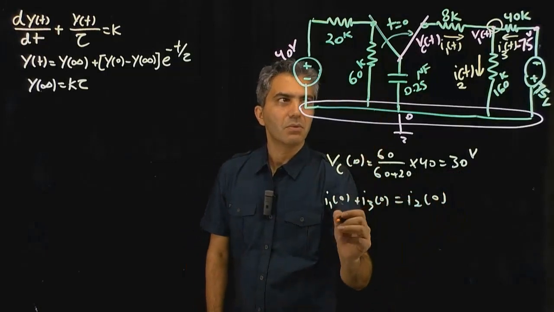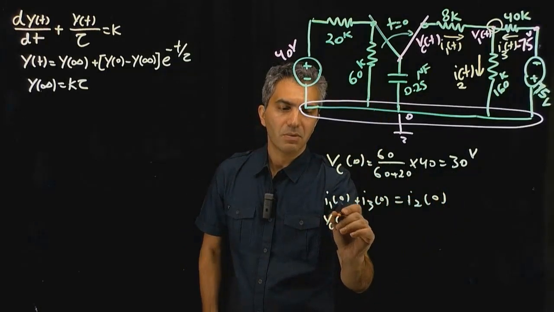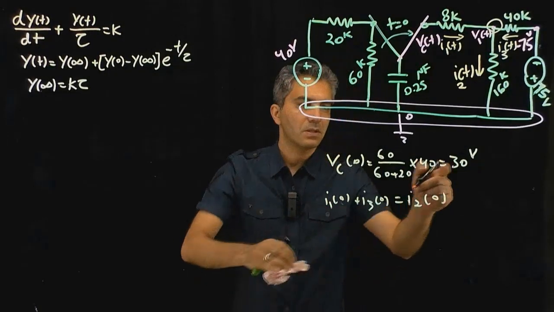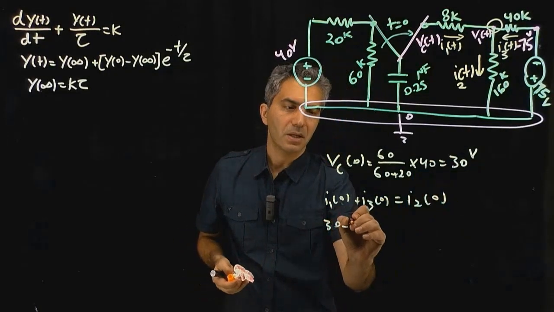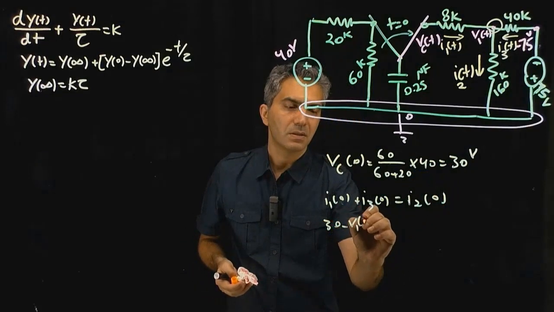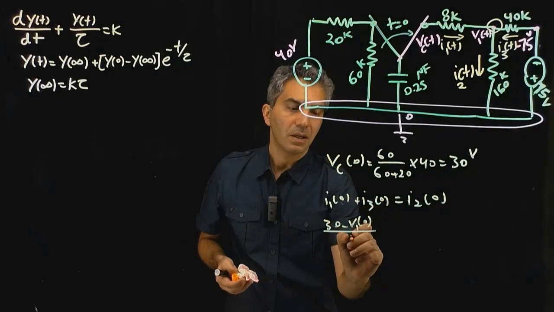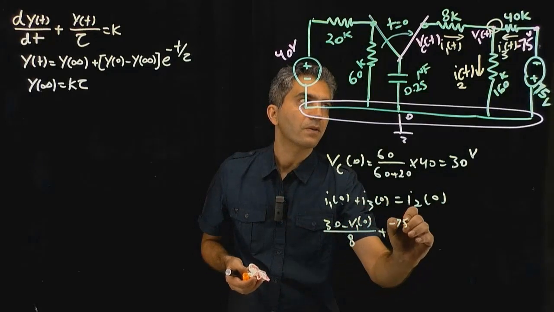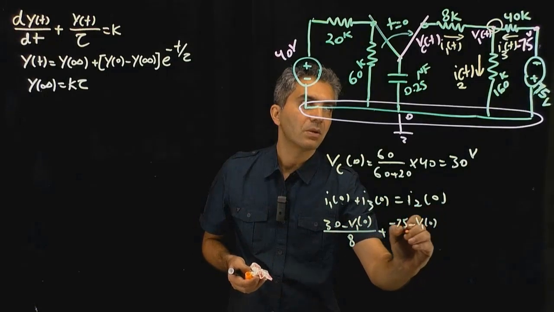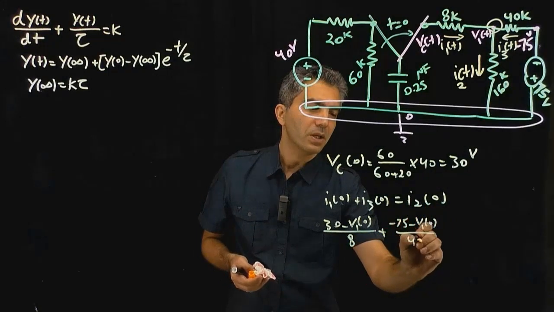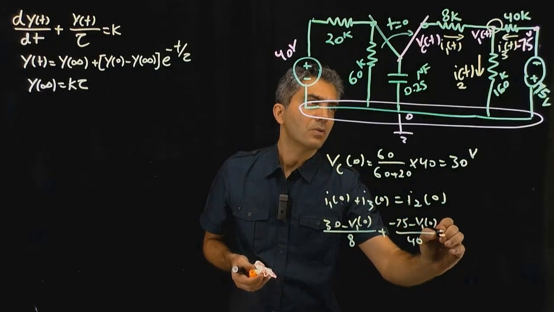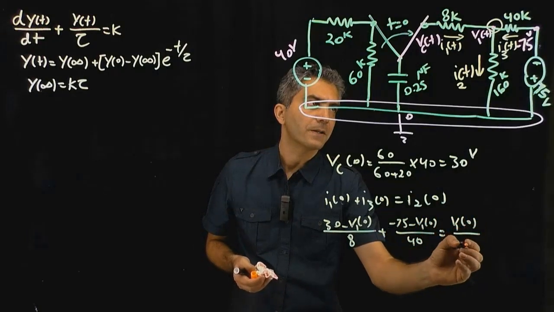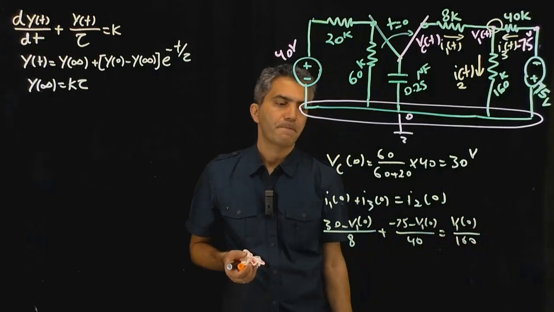Okay, so I1(0) is VC(0), which is, I'm going to actually not write it to skip steps. VC(0) is 30. It's 30 minus V1(0) divided by 8, plus minus 75 minus V1(0) divided by 40, is equal to V1(0) divided by 160.